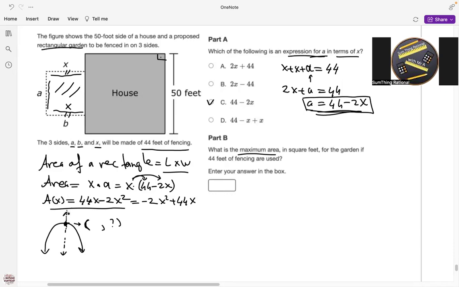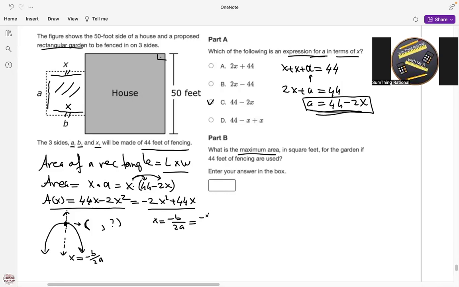There is a formula for the axis of symmetry: x is equal to negative b over 2a. The maximum value will occur at the maximum point.